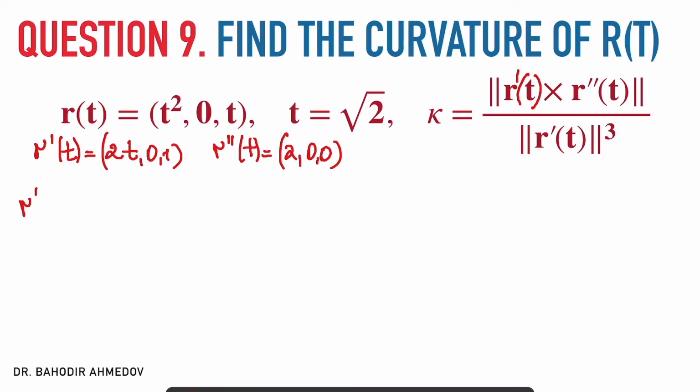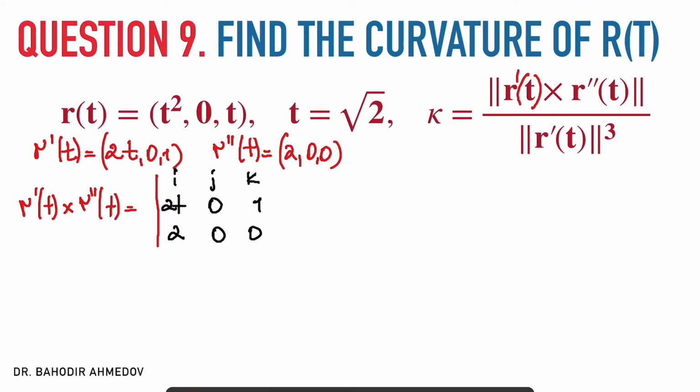Well, I'm just going to multiply these two vectors as a cross product, r prime of t times r double prime of t. If you remember, we have to create a matrix where the first row is going to be i, j, k. The second row is going to be the components of r prime of t, which is 2t, 0 and 1. And the third row is going to be the components of r double prime of t, which is 2, 0, 0.